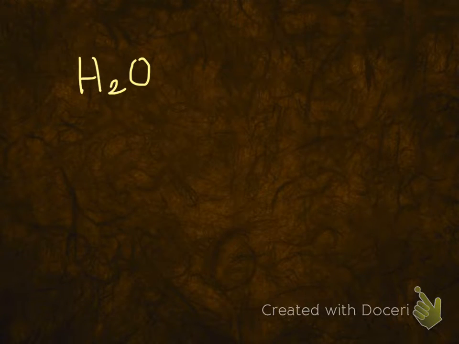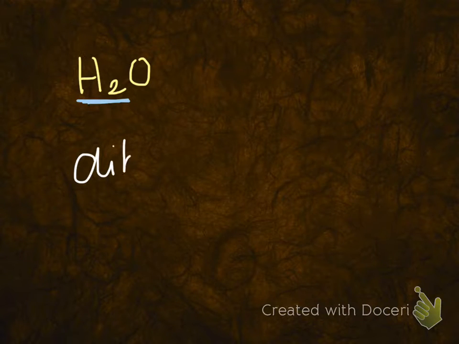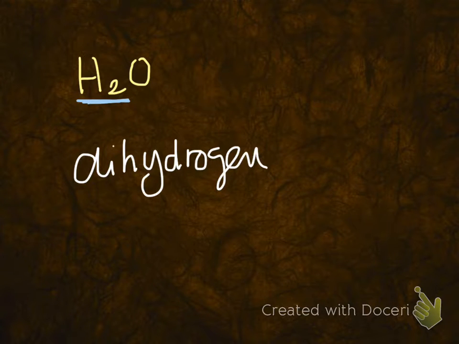This stuff, well, it's called water. Yes, but what's the chemical name for it? So here's one where we do have two atoms of our less electronegative element. So this would be dihydrogen. Now, this O is by itself and it's in the second position.